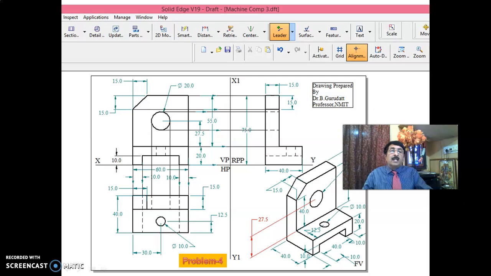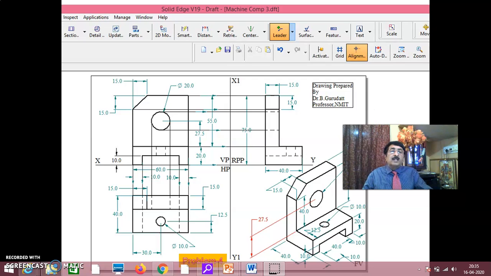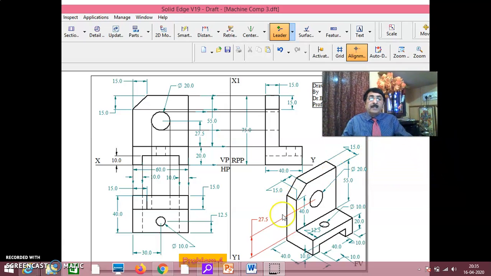Now you see here, it's a typical problem you can expect in the exam. Carefully observe. This will be the problem given: the isometric object will be given, with all the dimensions.